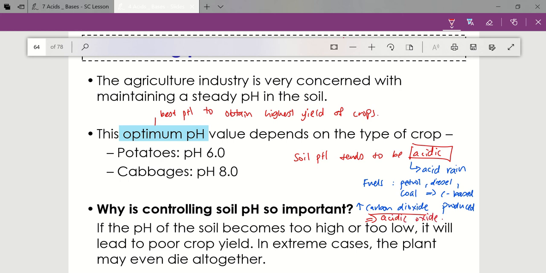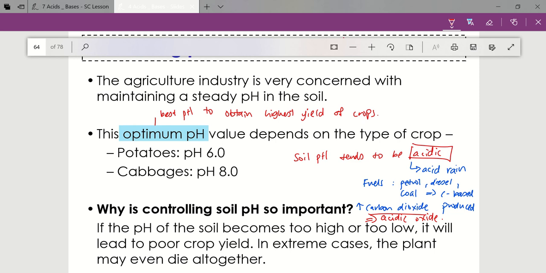So this is why it can contribute to acid rain. When this acidic oxide is released into the atmosphere, it dissolves in the moisture found in the air, and it accumulates together in the rain clouds. So when it falls, it will come down as acid rain.